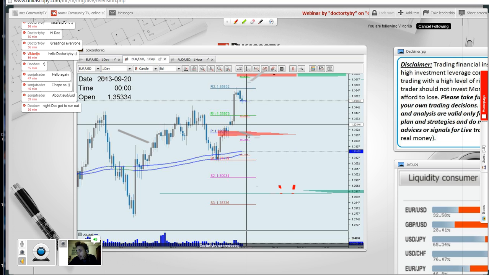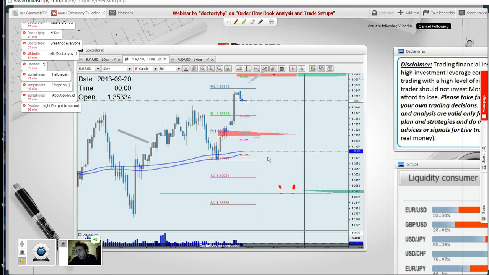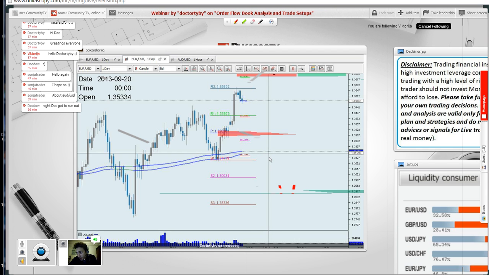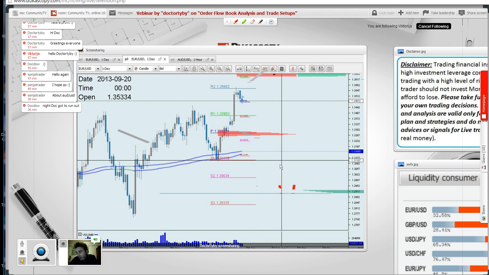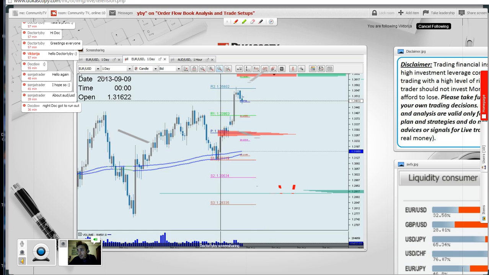But I think this gap should be closed at 1.3290, 1.33, 1.3280 before the end of the month. But let's wait and see. We have the 200 simple exponential moving average standing around 1.3150. Definitely good support between 1.3150 and the 1.31 level.